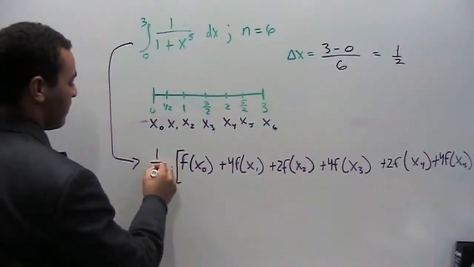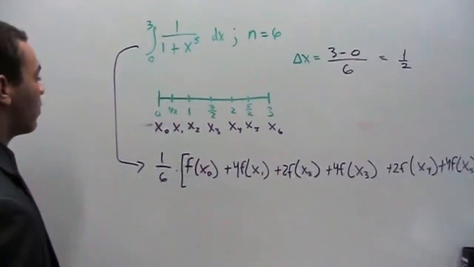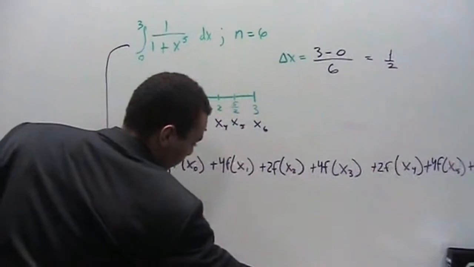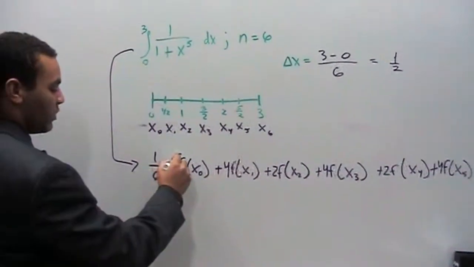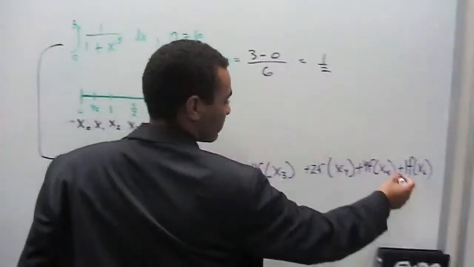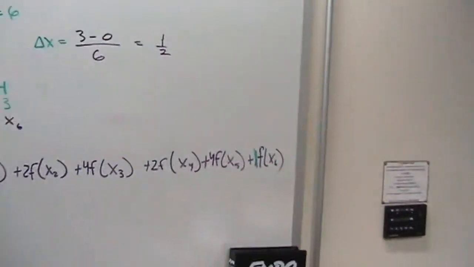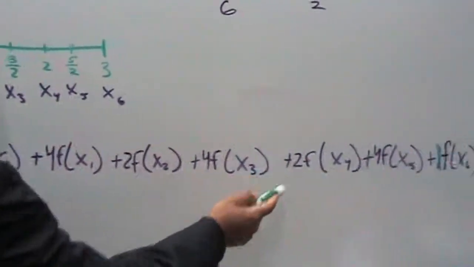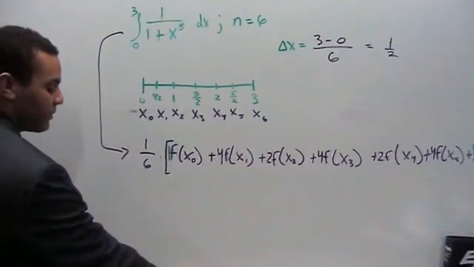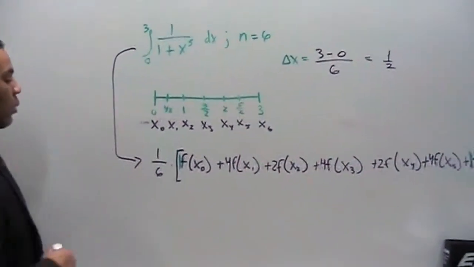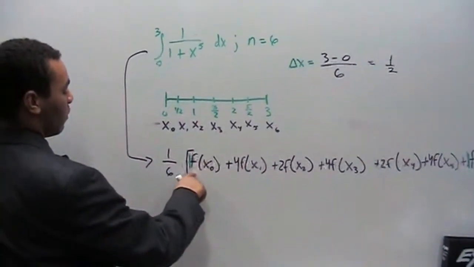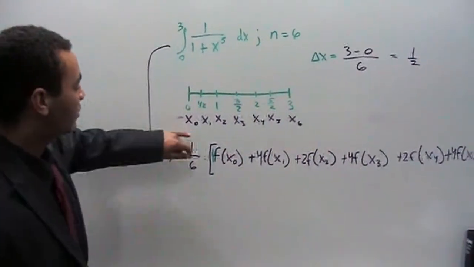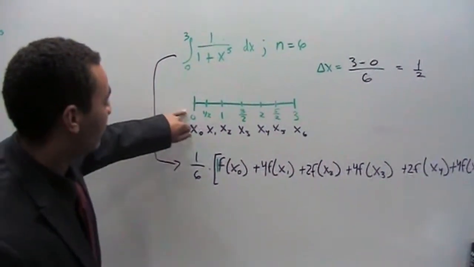1/6. So first, remember our leading coefficient for the first subset is always going to be 1, as is our last coefficient. And then in between, the coefficients are going to alternate 4, 2, 4, 2 for each of the subsets we're going to be using. So to start, we're going to go 1 times f of x subset 0. We look at subset 0 and we see that the value is 0.